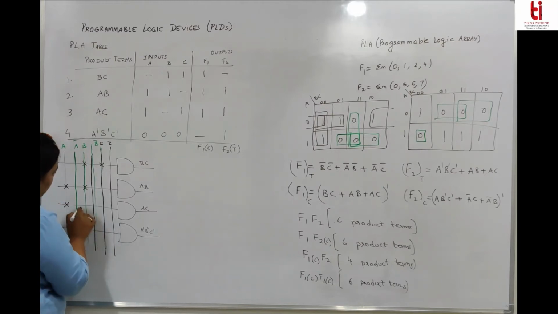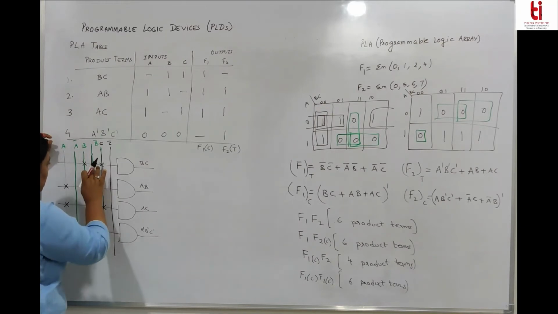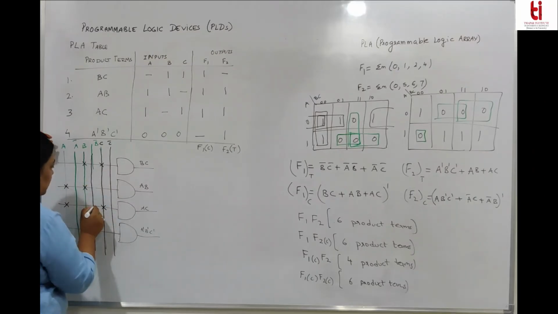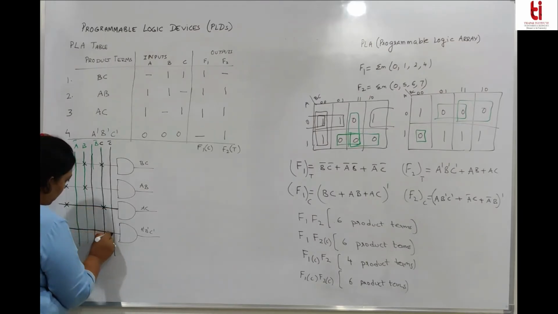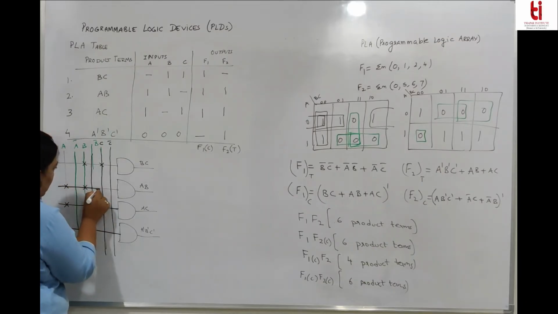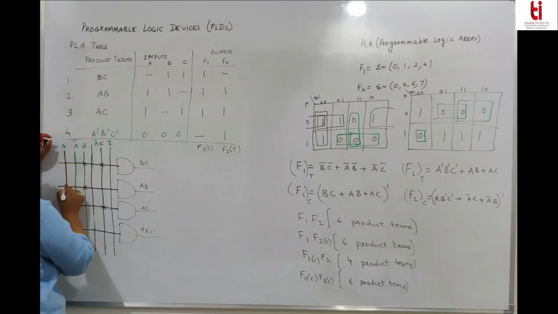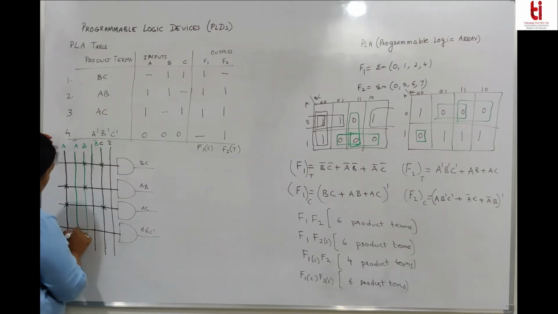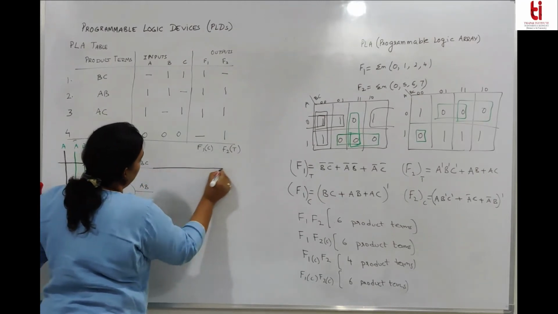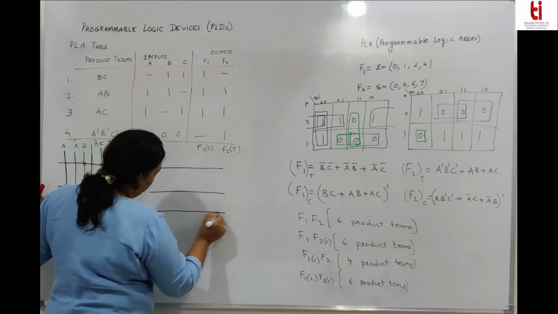A and C. A bar, B bar, C bar. So rest of the fuses are blown out. So we get these four product terms, minimum number of product terms.